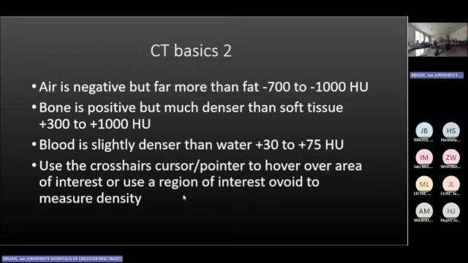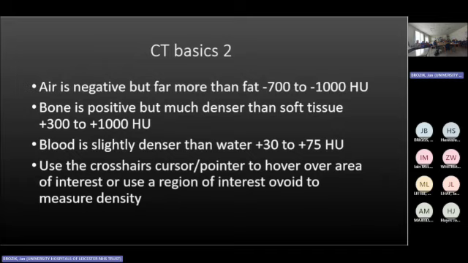You can measure the density very easily. It could be a cursor, a pointer to hover over the area, or you can put a circular measurement, the region of interest, to measure the density of that area.